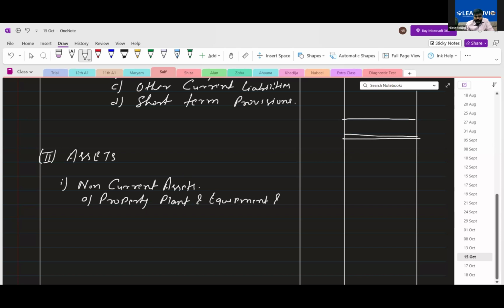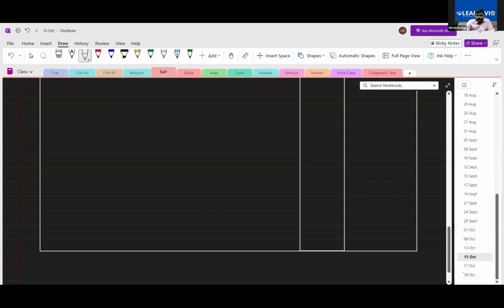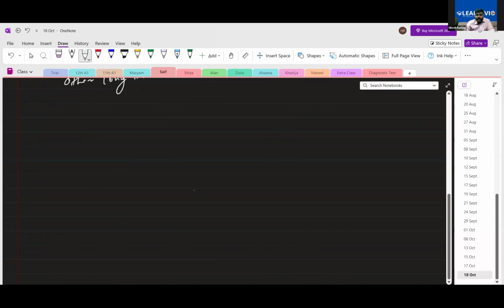And intangible assets. So non-current assets and current assets. First of all, you have to understand the difference between these two. Non-current assets are assets where we have to receive money after sale after 12 months.